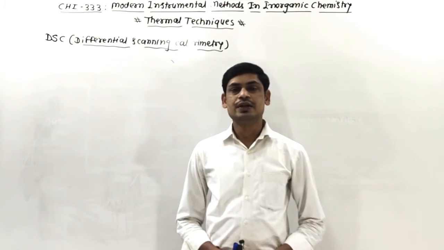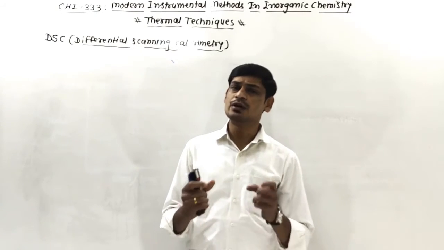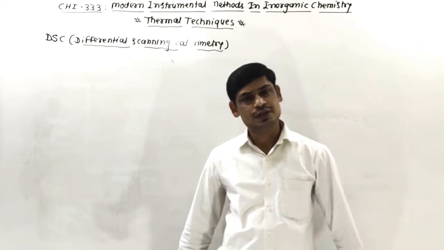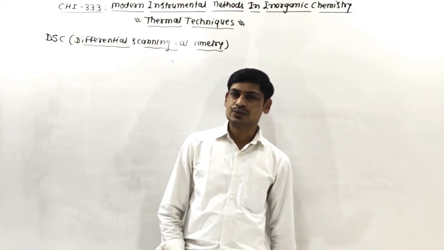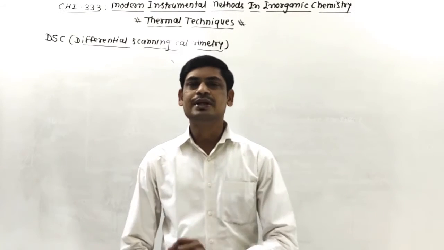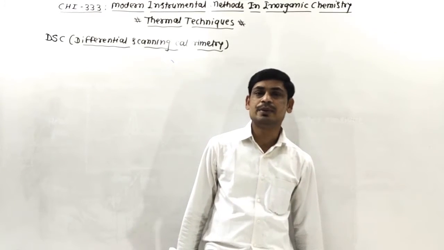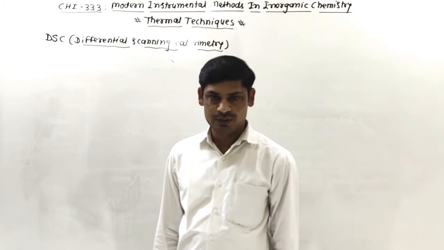Now the factors affecting a DSC curve. As per the discussion, we will get upward peak for exothermic process and downward peak for the endothermic process. But students, besides that, there are some instrumental factors and some sample characteristics which affect the nature of a DSC curve.